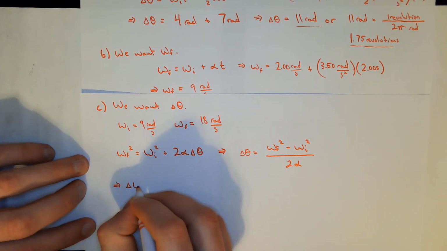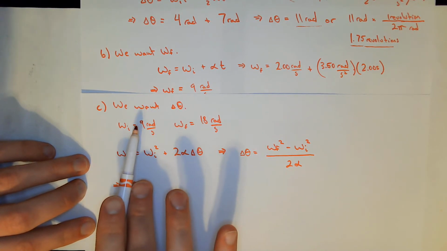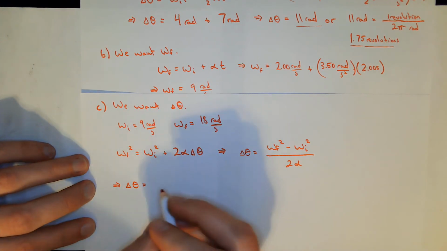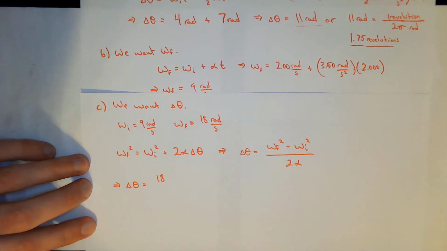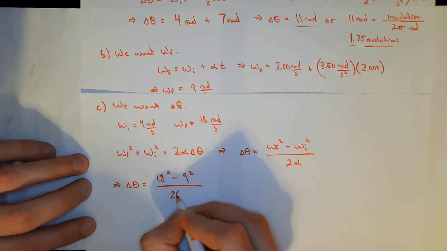I did that because we're looking for delta theta, right? And again, the 9 to 18 came from the angular velocity doubling. So I'm going to have 18 squared minus 9 squared over 2 times 3.5, leaving the units off here.